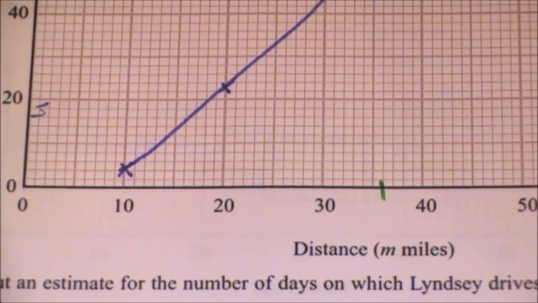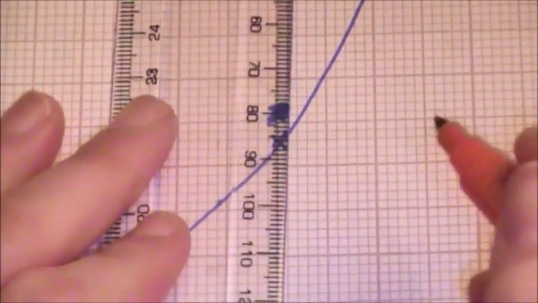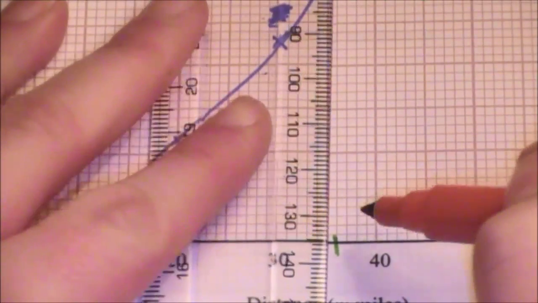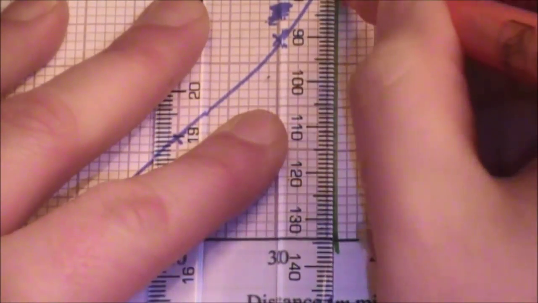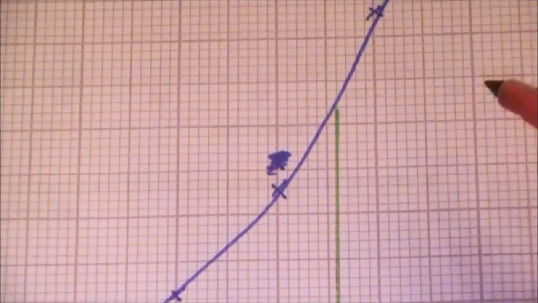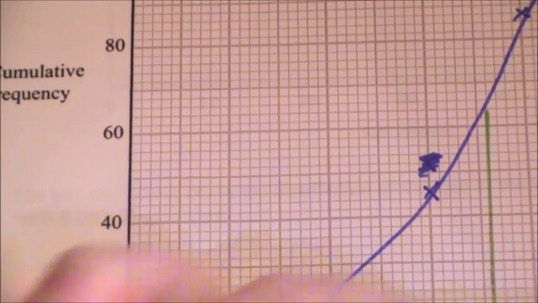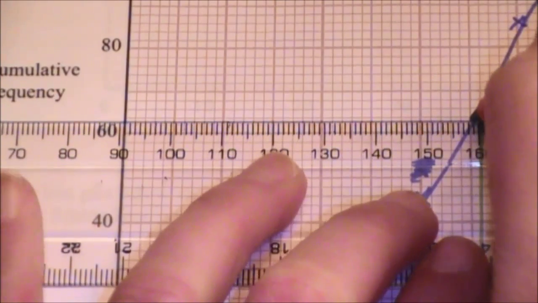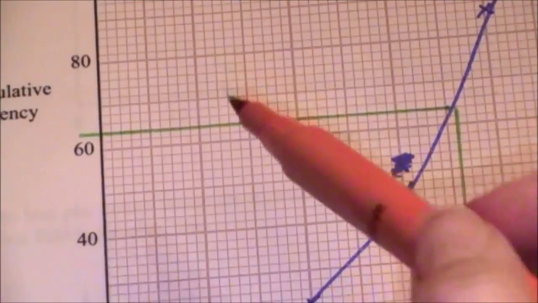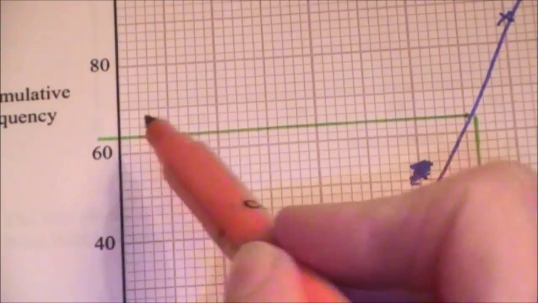I'm going to use my ruler. I'm going to go up to my curve, and then read across from where that is to find out what the cumulative frequency is. So that for me has come out on 60 and 2 little increments.